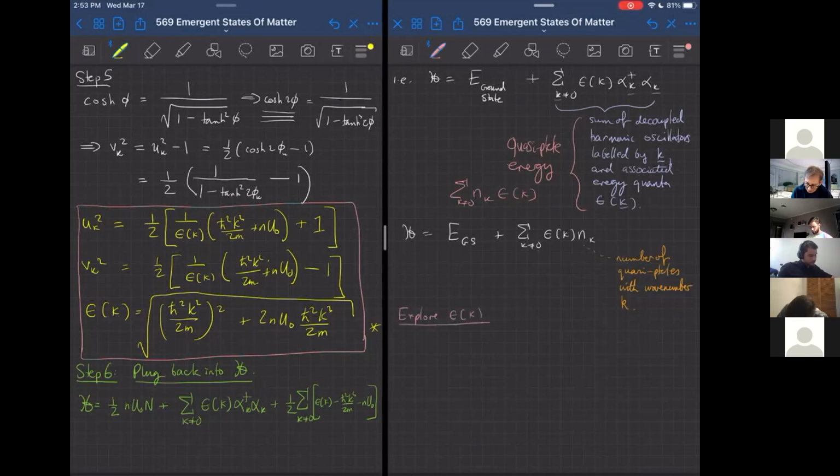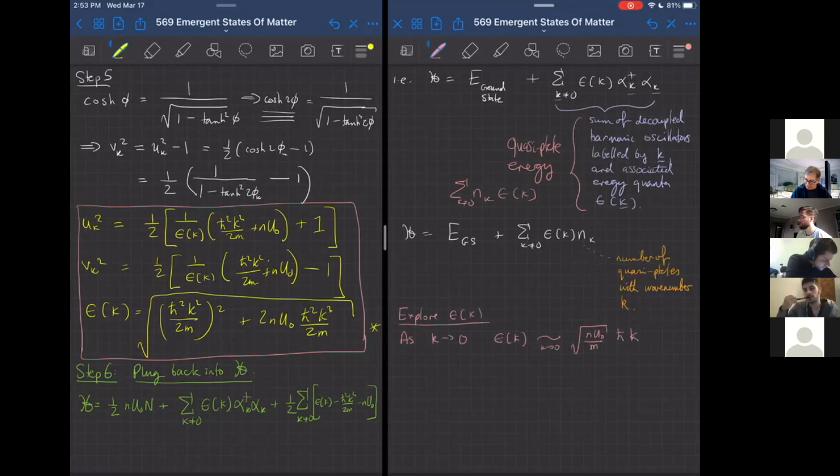Let's have a look at what it looks like at long wavelengths. As I take the limit k goes to 0, we look at our formula here. As k goes to 0, epsilon of k becomes the square root of n u naught over m times h bar k.